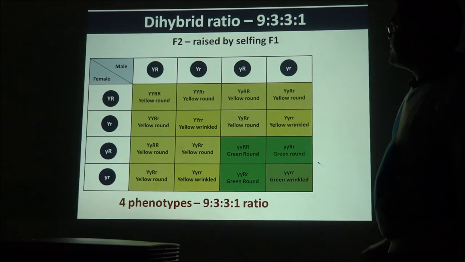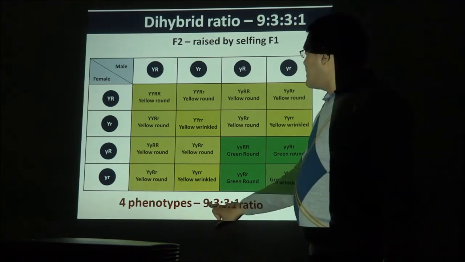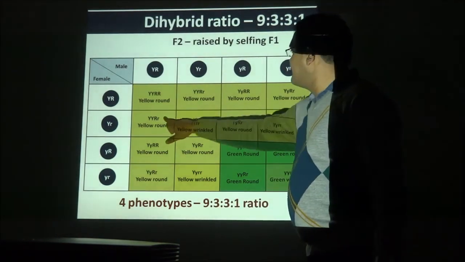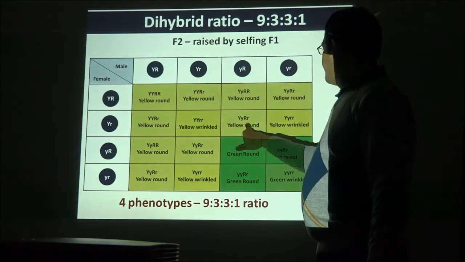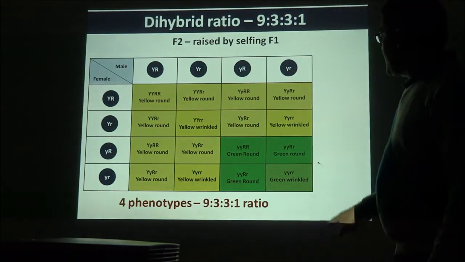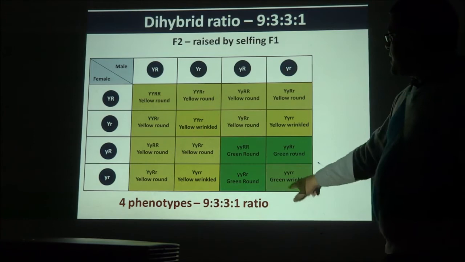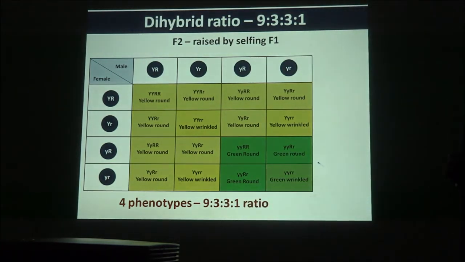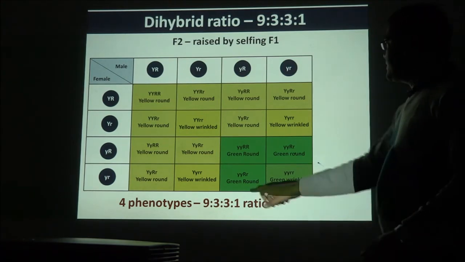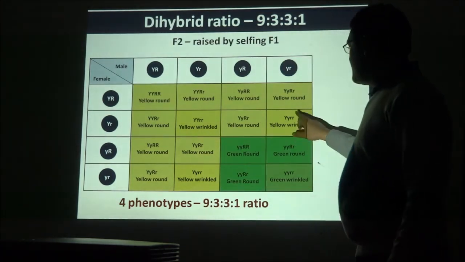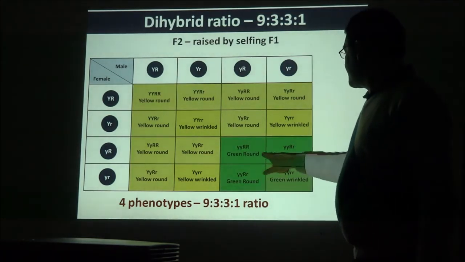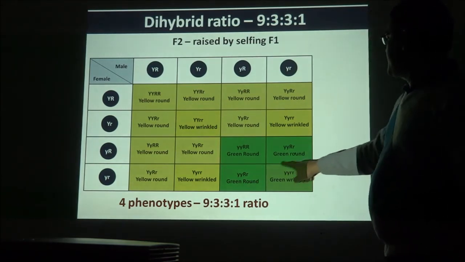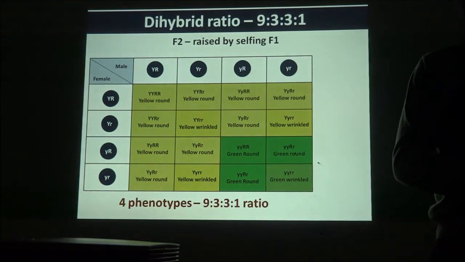Very clearly, in the phenotypic ratio, you have 9 yellow round, 1 green wrinkled, and two new combinations: yellow wrinkled and green round. Yellow wrinkled is here, here and here, and green round is here, here and here.